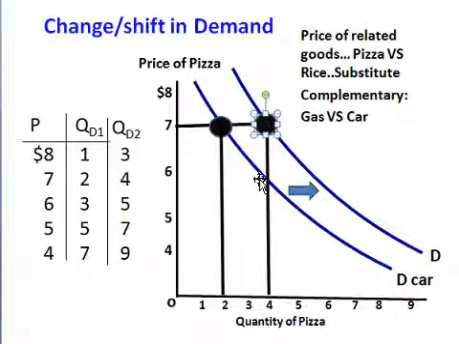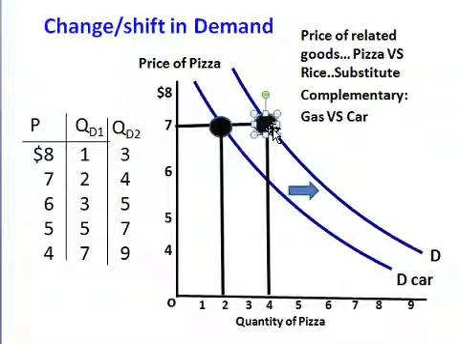Okay, but suppose the price of gas has gone up, but the price of car has gone down. I'm saying again, price of gas gone up, but the price of car has gone down.